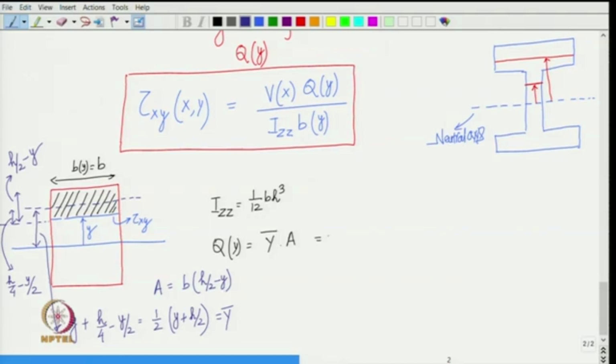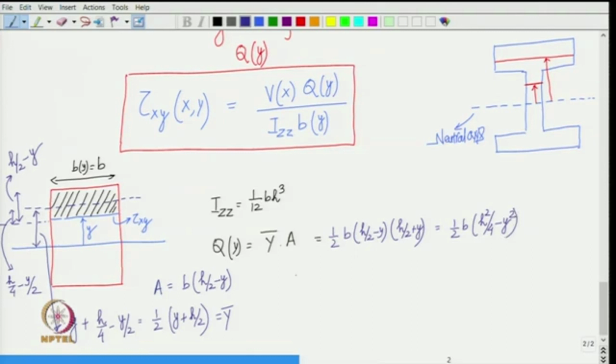So, what is q y then? So, that is half of B into h by 2 minus y into h by 2 plus y, and this becomes half of B into h square by 4 minus y square. So, that is your q of y.